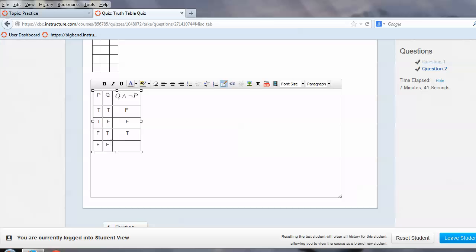Okay, now we can go ahead and work out what the last row is going to be. Q is false and P is false. But if we think about what this whole formula is, well, it's a conjunction, right? It's conjoining Q and not P. And we know that in the truth table for conjunctions, there's only one row that comes out true, right? It's only going to be true when they're both true.